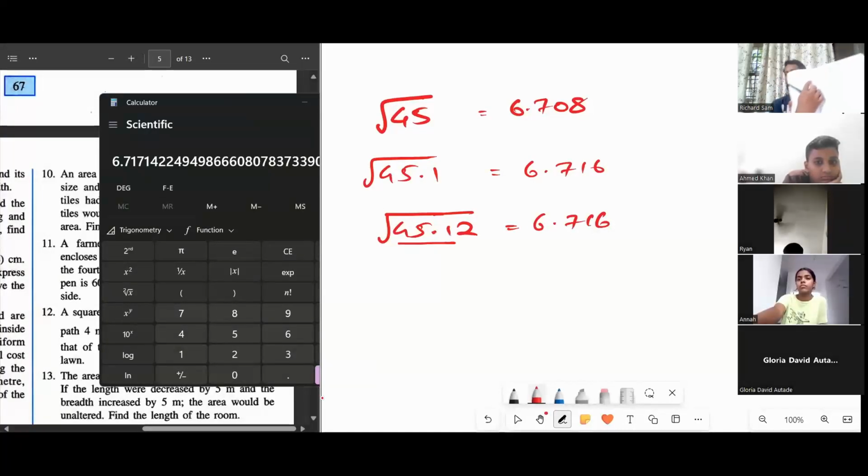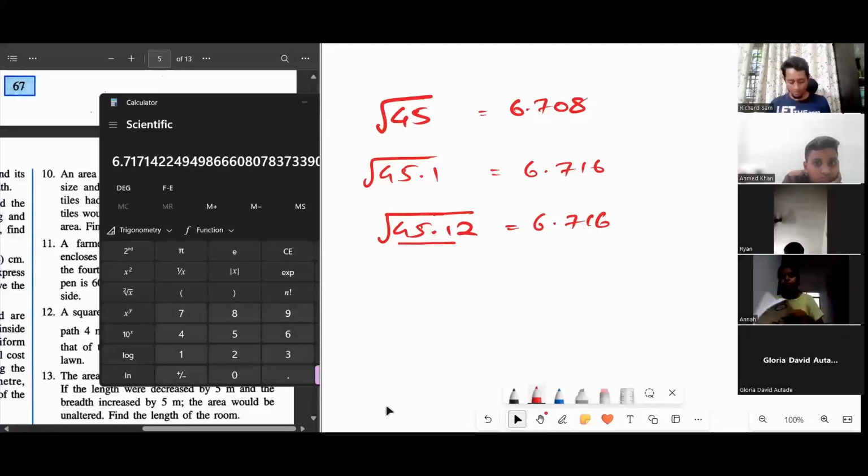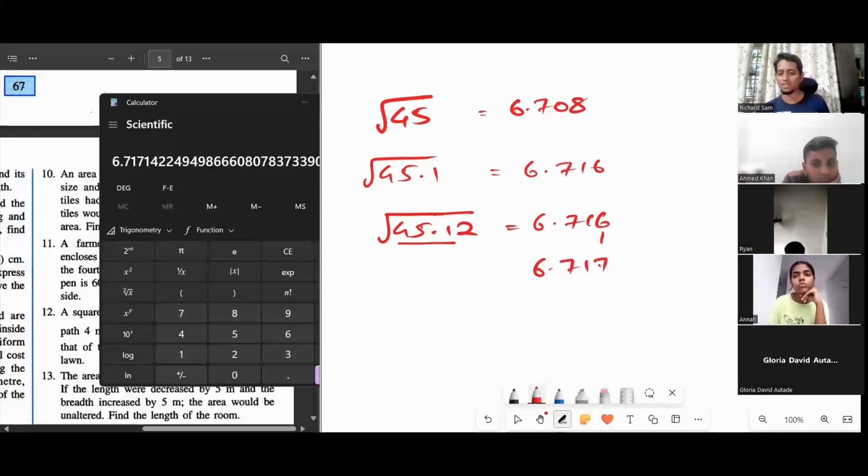On the top here, you have mean difference. Look at 2, and under that 2, in the same line as 45, what's the value? It's 1. So you add that 1 to the last digit, and that will be 6.717. So you can go up to two decimal places using this table.